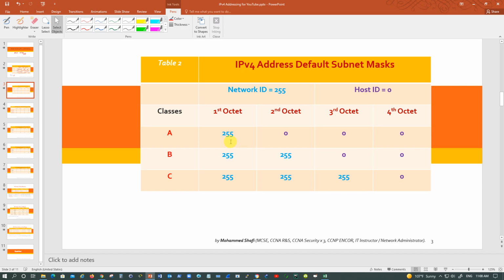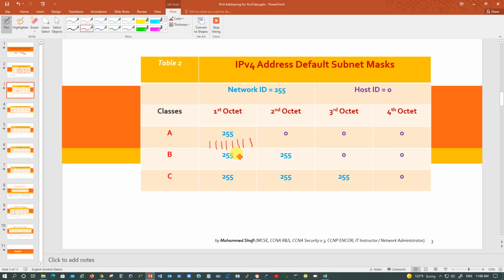Here it's easy because these are all 8 ones. The binary equivalent of this 255 will be nothing but 8 ones. Okay, it will be all 8 ones here, 8 ones, 8 zeros, 4 zeros, like this. This is equal to this.